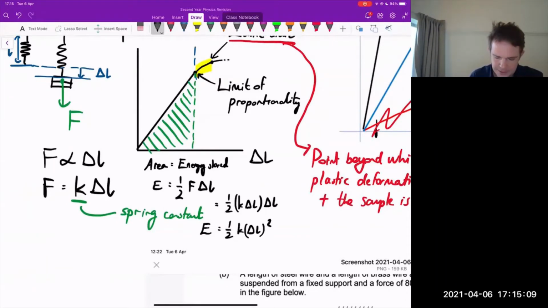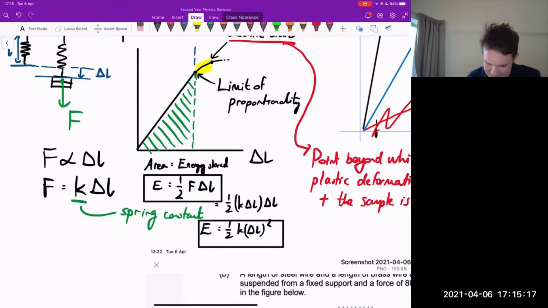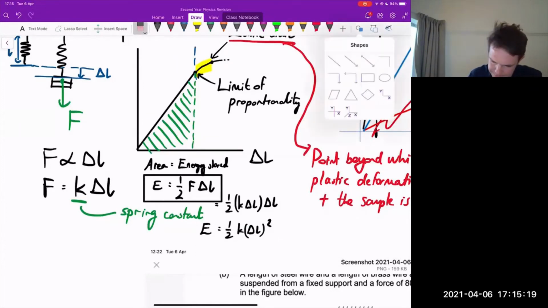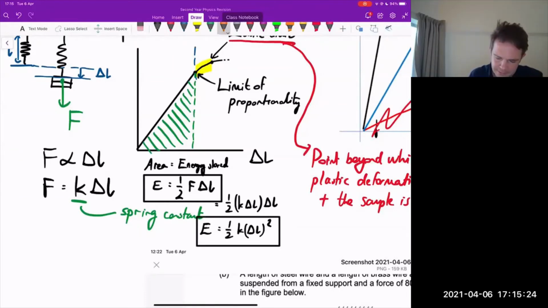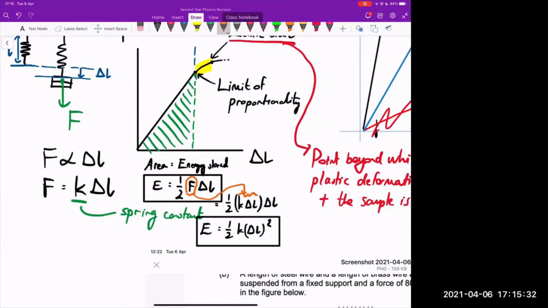So both of those are quite useful to be familiar with: half F delta L and half K delta L squared. Why is there 2 delta L's? Because for F, I've written in, using Hooke's law, K delta L. Oh, okay. So then you get a delta L squared.